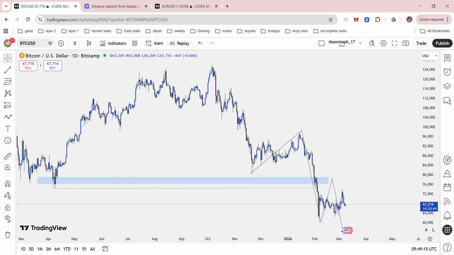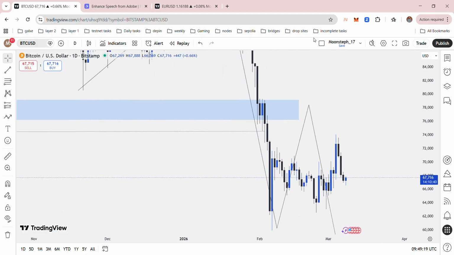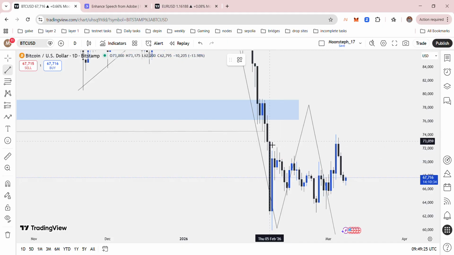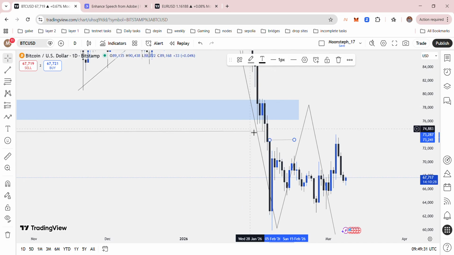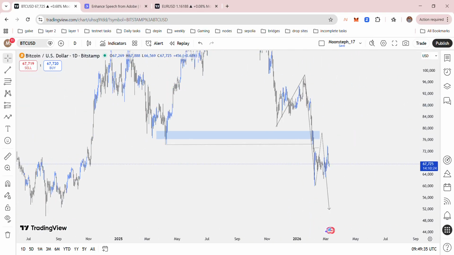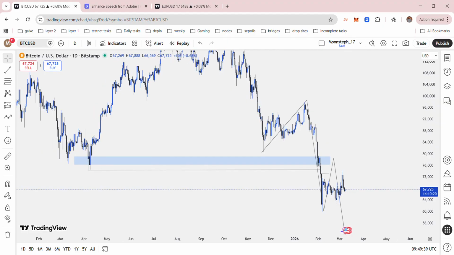This is it. Even the smallest candle is also a retracement. This is my inducement, and I'll use this as my order block. I've been waiting for this trade, this particular zone, since.